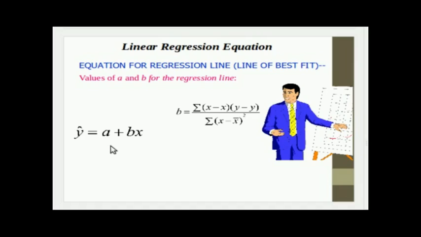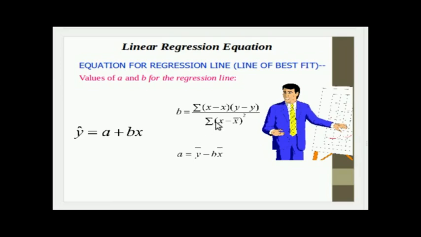The first step in finding the linear regression equation is to determine if there is a relationship between the two variables. This is often a judgment. So let's calculate the value of b, that is the slope of the line.